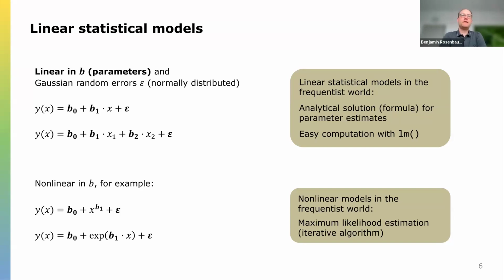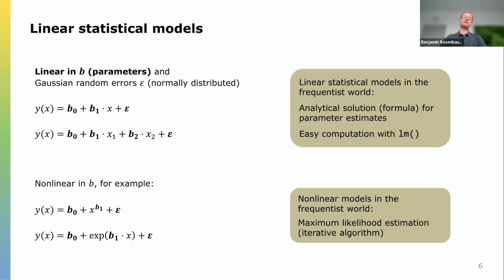In frequentist statistics, this is very convenient because there are analytical solutions for estimating the parameters. You can do maximum likelihood, but you don't have to, because there is a closed form formula for directly calculating the maximum likelihood estimate, which is automatically done with lm.